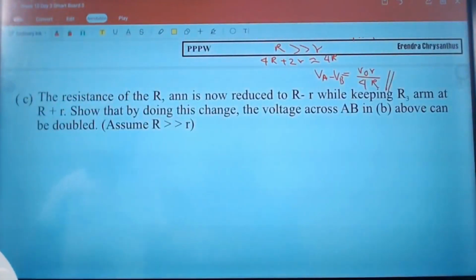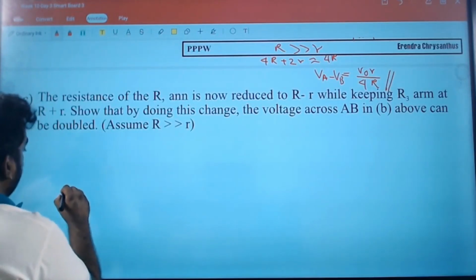Next one. The resistance R2 is reduced to R minus r.